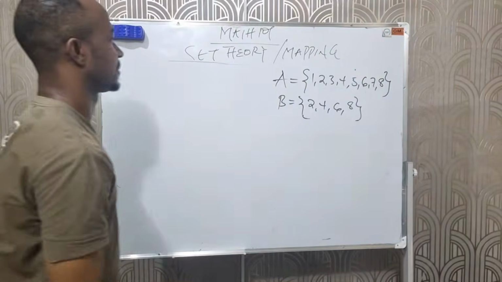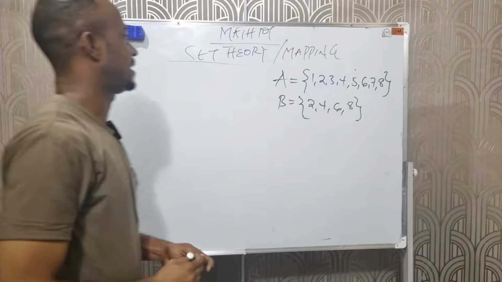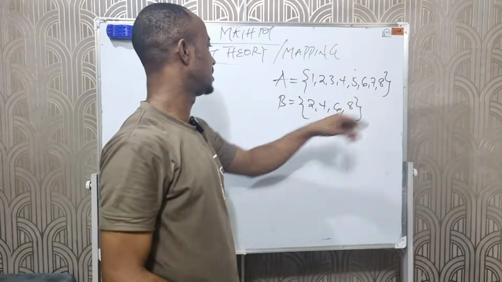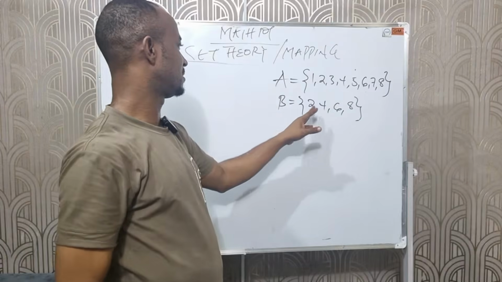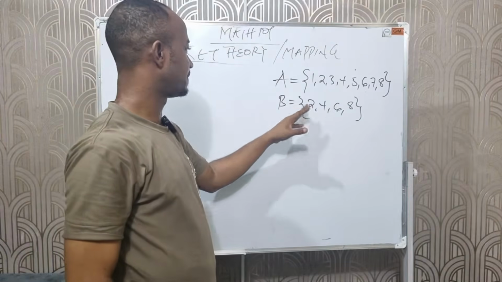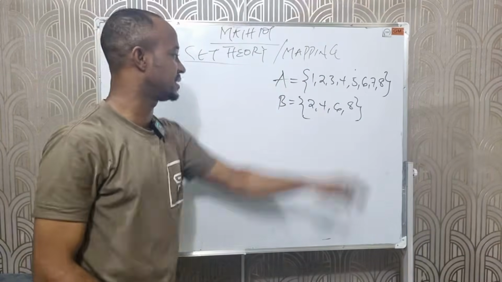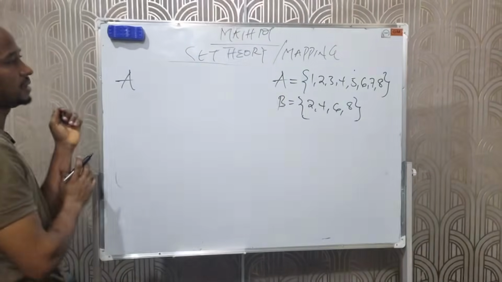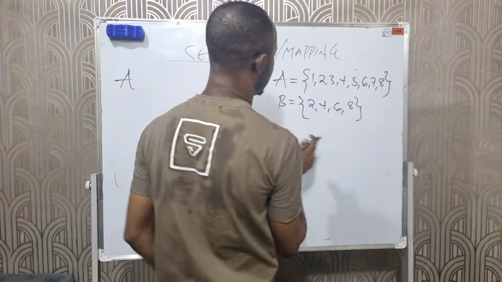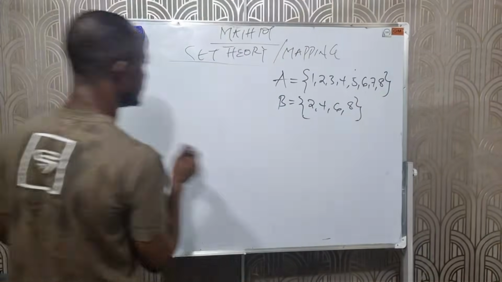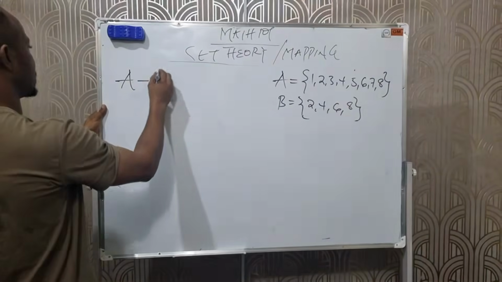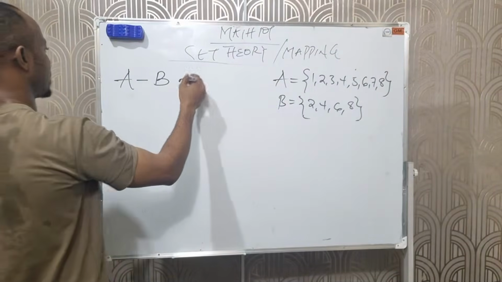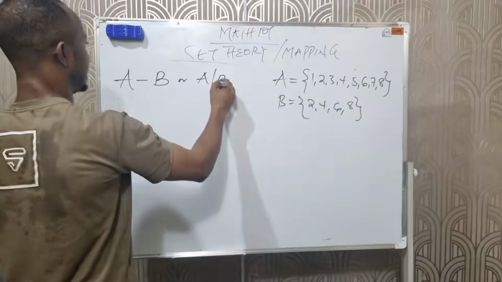If set A is the set of elements from 1 to 8, then set B is the even numbers, 2, 4, 6, and 8. And we also find A difference B. What is A difference B? A difference B is the same as A slash B, right?